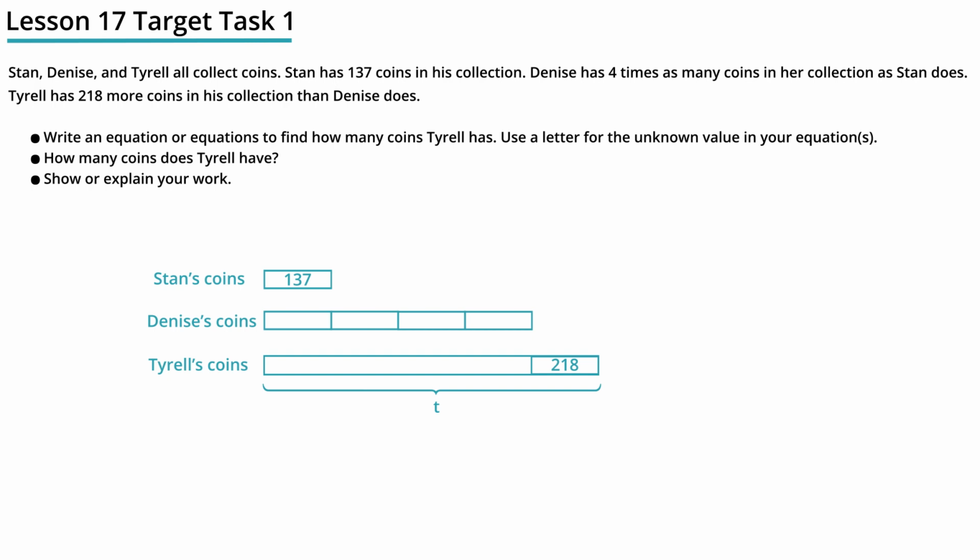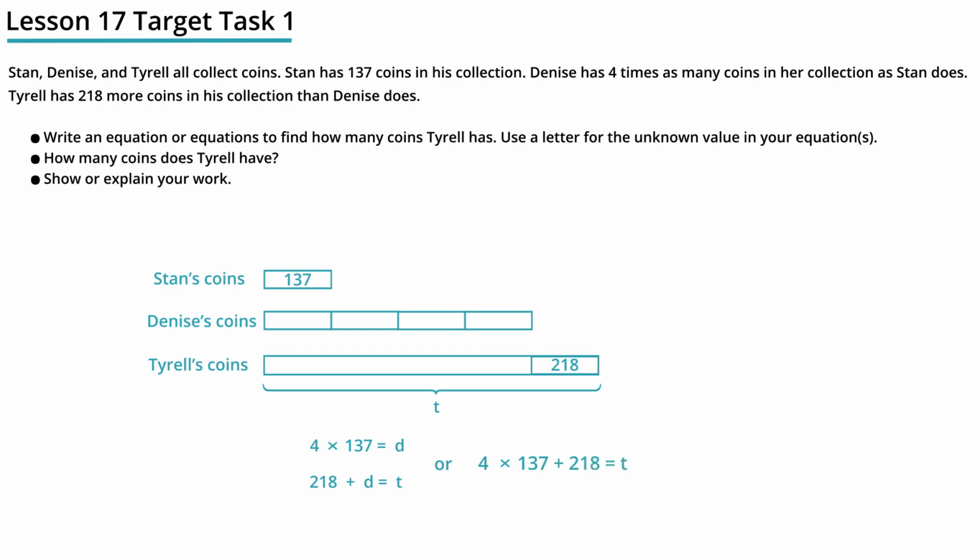Since students are asked to write an equation or equations to represent this quantity, they might first write an equation to represent the number of coins Denise has as 4 times 137 equals D, where D represents Denise's coins. Then, to represent Tyrell's coins, we can think of this as 218 more than Denise's coins, or 218 plus D. Or, students might choose to write just one condensed equation, thinking of the number of coins Tyrell has as 4 times 137 plus 218.